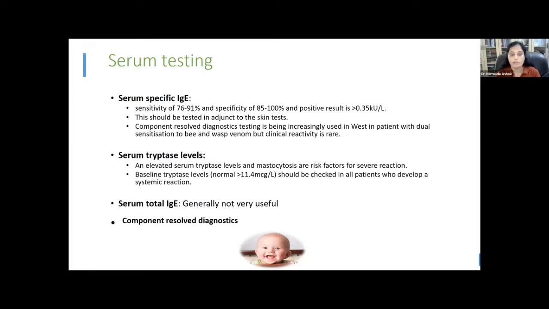CRD is generally used when there is a cross-reactive venom and you want to know the exact sensitization. Serum tryptase level we have already spoken about. This is for ruling out systemic mastocytosis, and serum total IgE is generally not very useful.